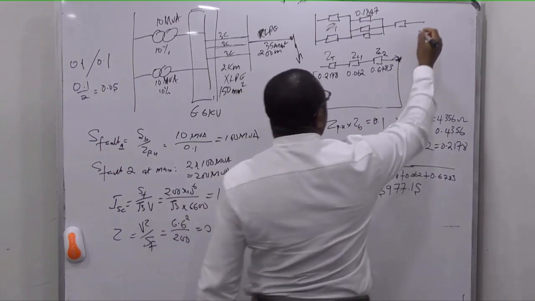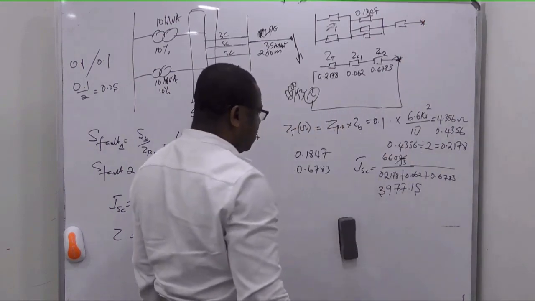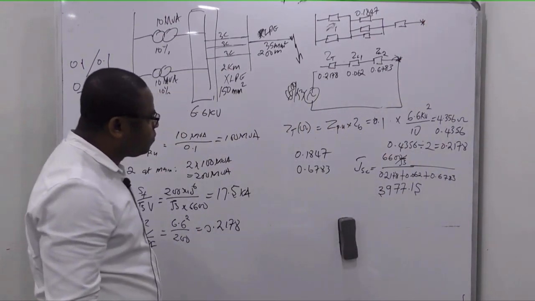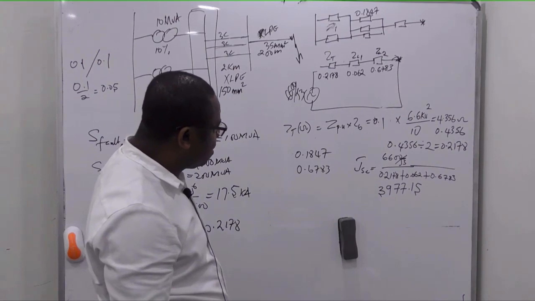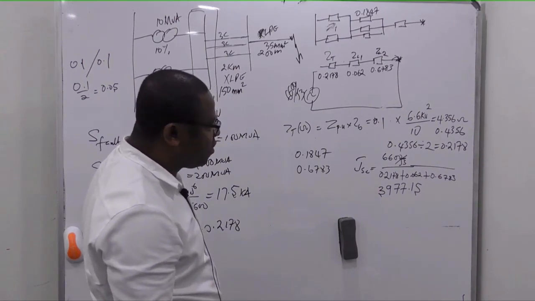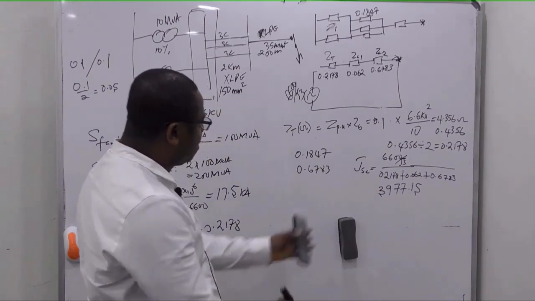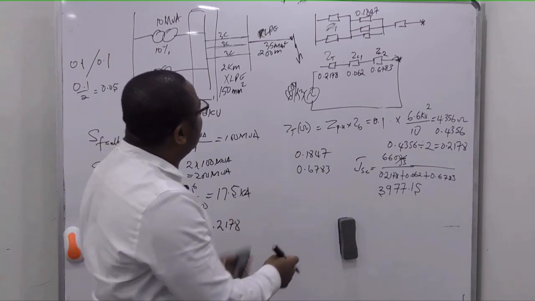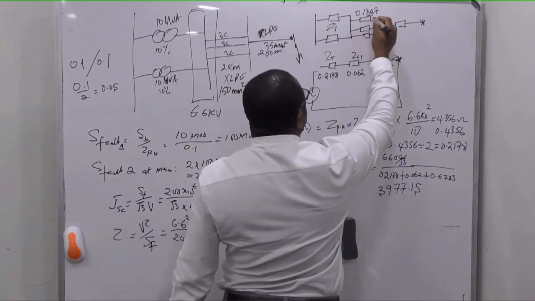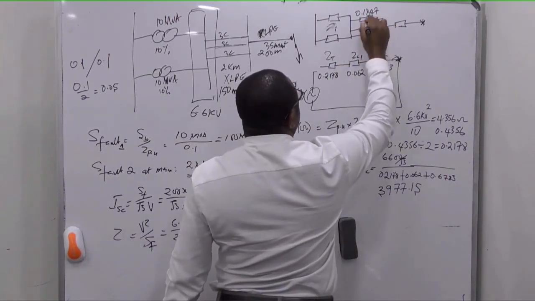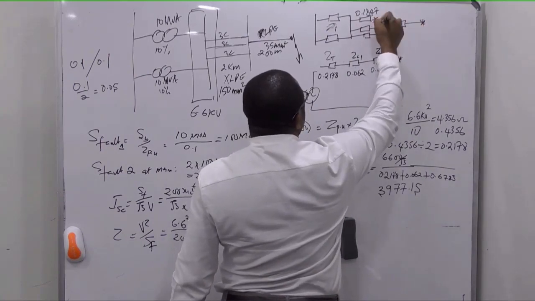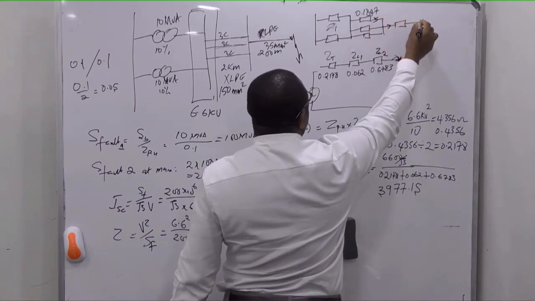How much will flow through each of these? To feed that fault, you divide, because what is here is what is here.